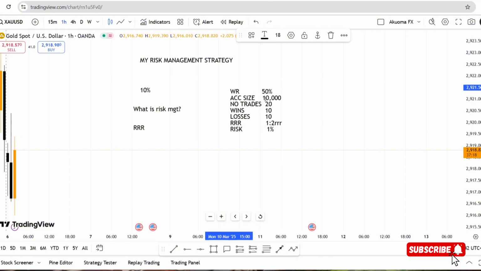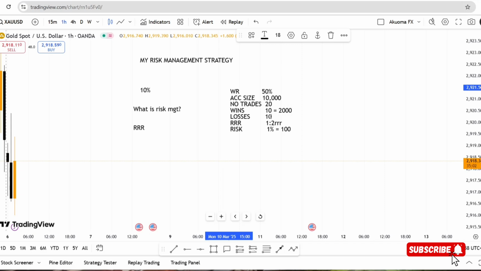What this 1% means is that each of these trades, this is a 10,000 account, 1% of 10,000 is $100. If this 1% stands for 100, which means these 10 trades you won will now be equal to 100 times 10 is 1,000. Then 1,000 times 2, because of these 2, will be giving us 2,000.